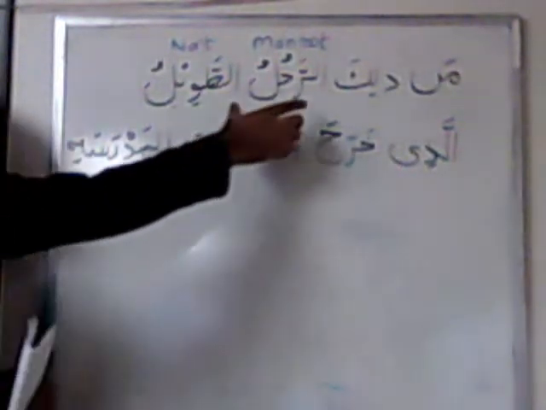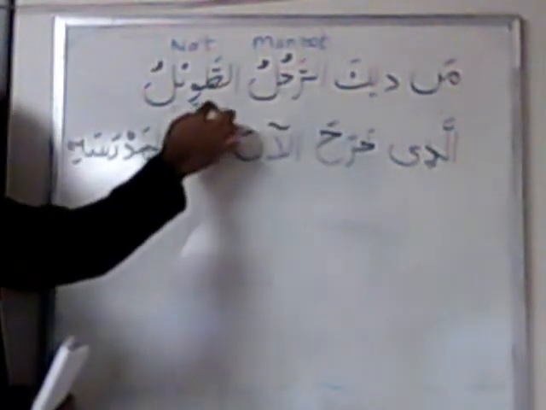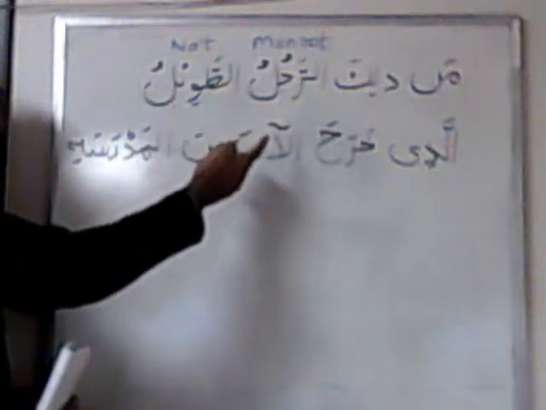What are the four things in which naat and manood have to match with each other? In number, in gender, in case endings, and in definiteness or indefiniteness. Okay. So see, the manood starts with al, the naat starts with al. Both are definite.